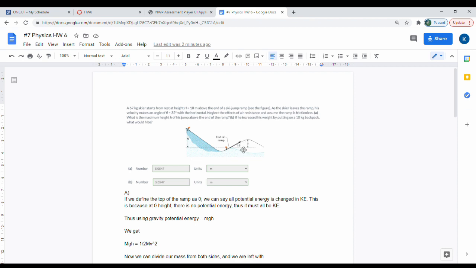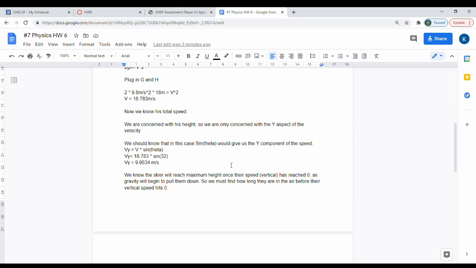So we should know at this point that if this is the magnitude, then the y direction is the opposite over hypotenuse, or the sine theta of the magnitude in this case. So the sine theta of his magnitude speed is his speed in the y direction. And we're only worried about the y direction because it's only asking about the height. So we need to find v of y, which is just v times sine theta. Plug in your numbers, you should find v of y.